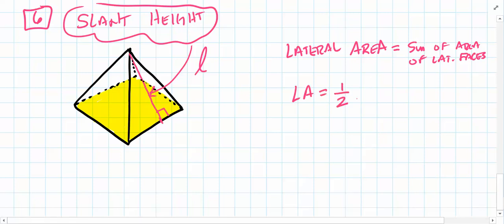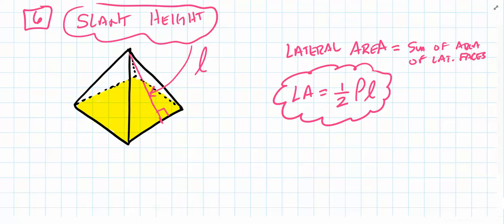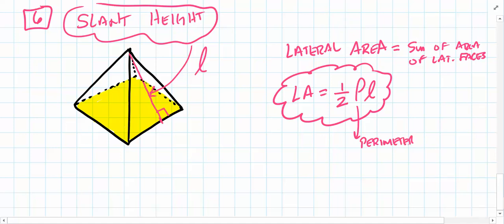This is something that we need to know. P is the perimeter of the base, and L is your slant height. So the lateral area is 1/2 PL, the perimeter of the base times the slant height.